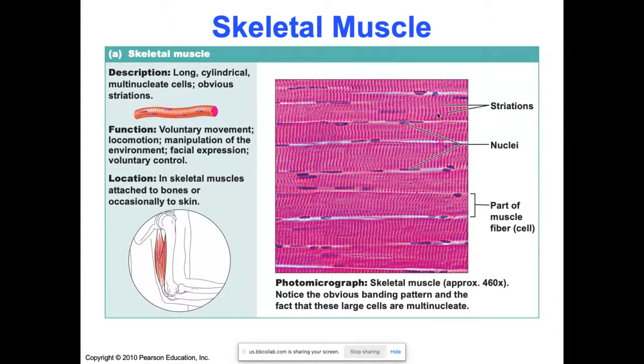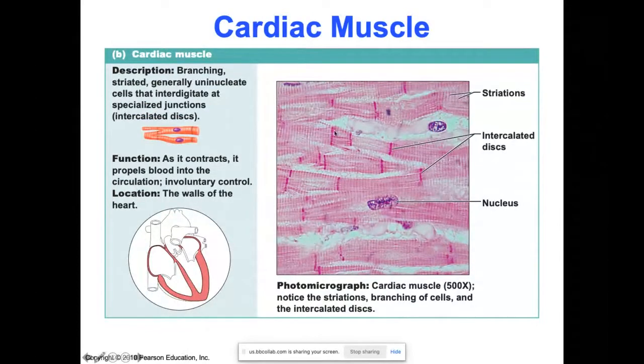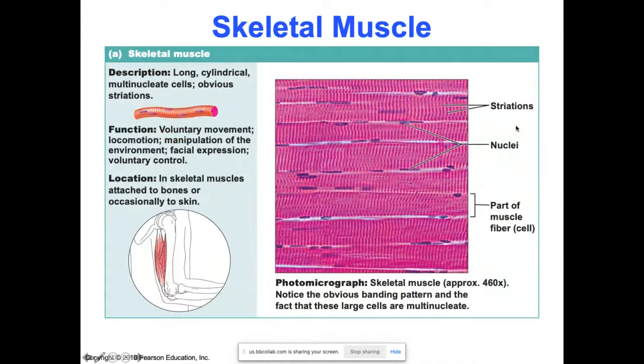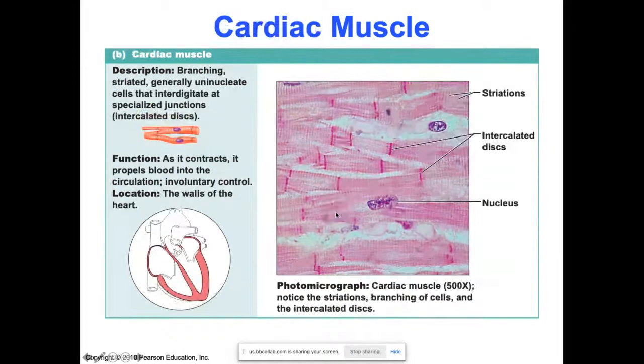It's either skeletal or cardiac. Cardiac muscle also looks striated. The difference is that with skeletal, look at how parallel everything is. But when we look at cardiac, we can see how branched it is. So cardiac muscle is striated, but highly branched.